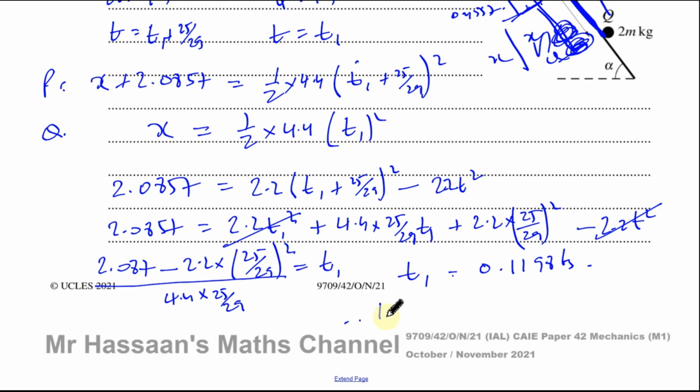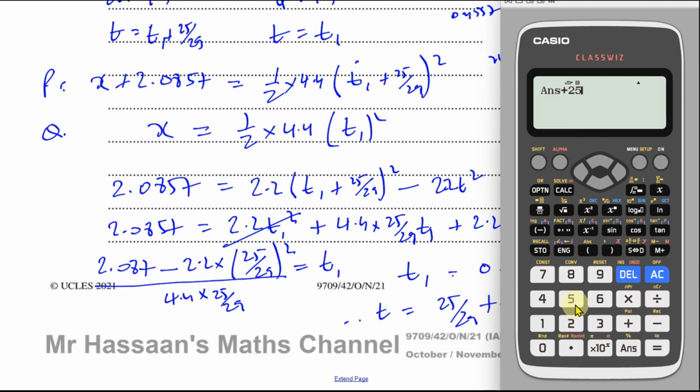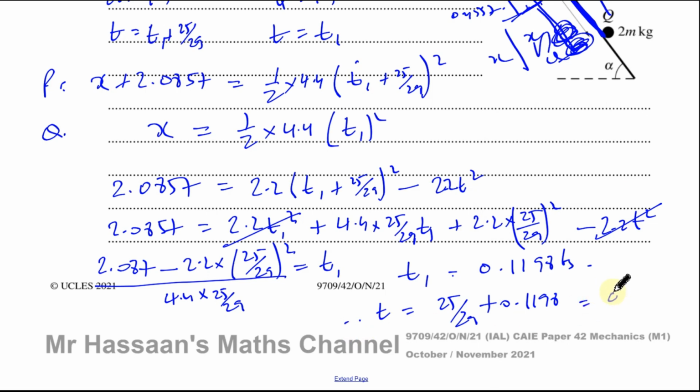Therefore, the total time is equal to 25 over 29 plus 0.1198, which gives us 0.9819 seconds. So the time is equal to 0.982 seconds.